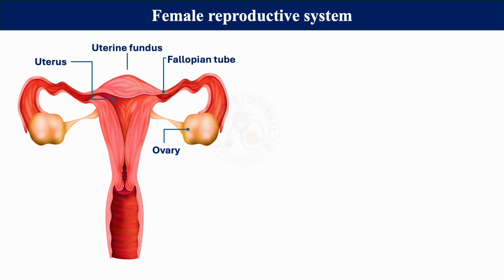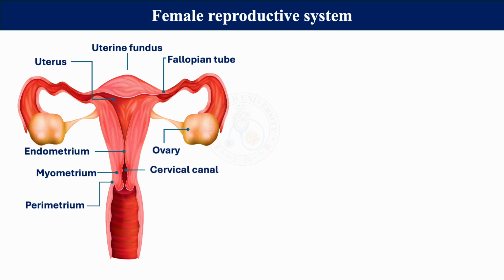Endometrium is the inner lining of the uterus that thickens and sheds during the menstrual cycle. Next one is the myometrium. It is the muscular layer of the uterus. It is essential for contractions during labor. Third one is the perimetrium. It is the outer layer of the uterus providing support.